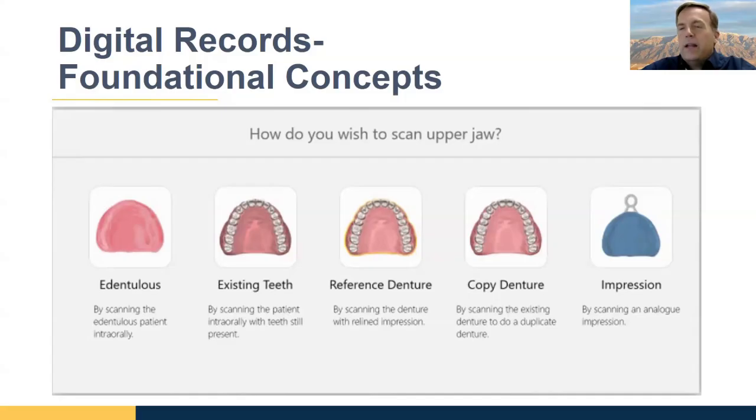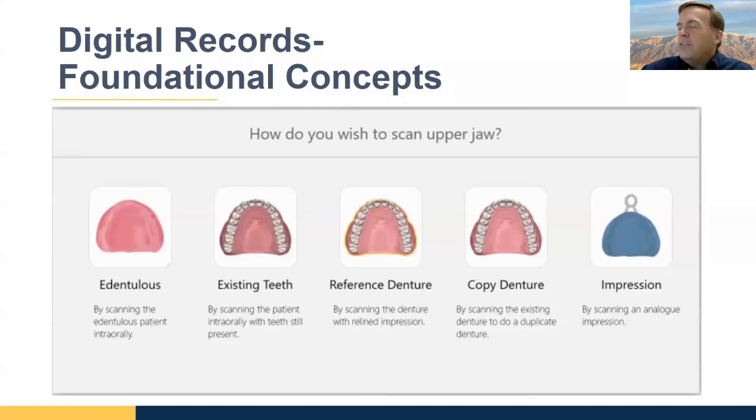So now we can't create a mucostatic registration. So most of the time, we're going to be actually using an impression technique, using our border molding, all the things we learned last time, but then we're going to digitize that and use a digital workflow from there.